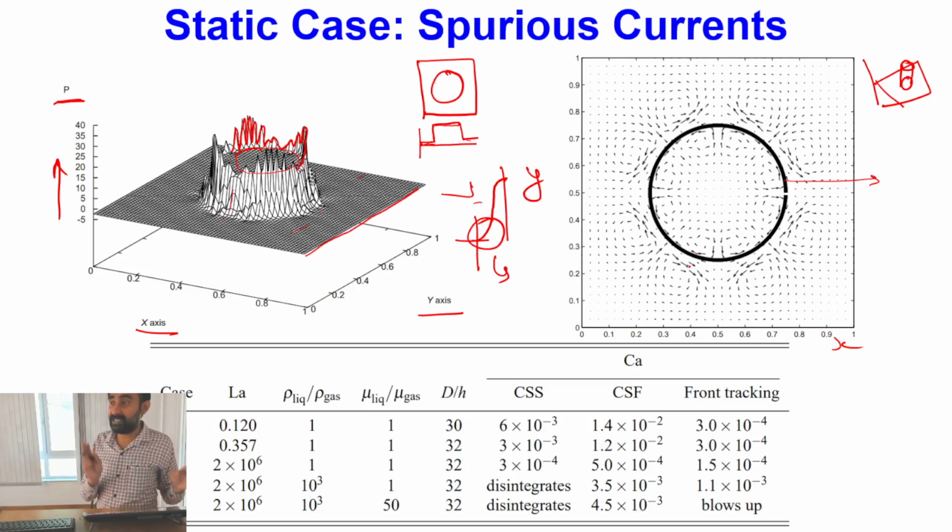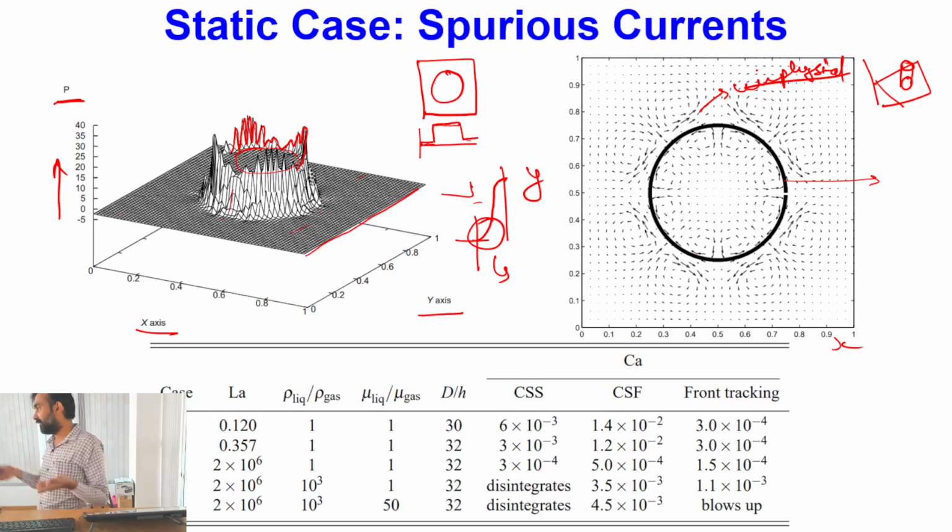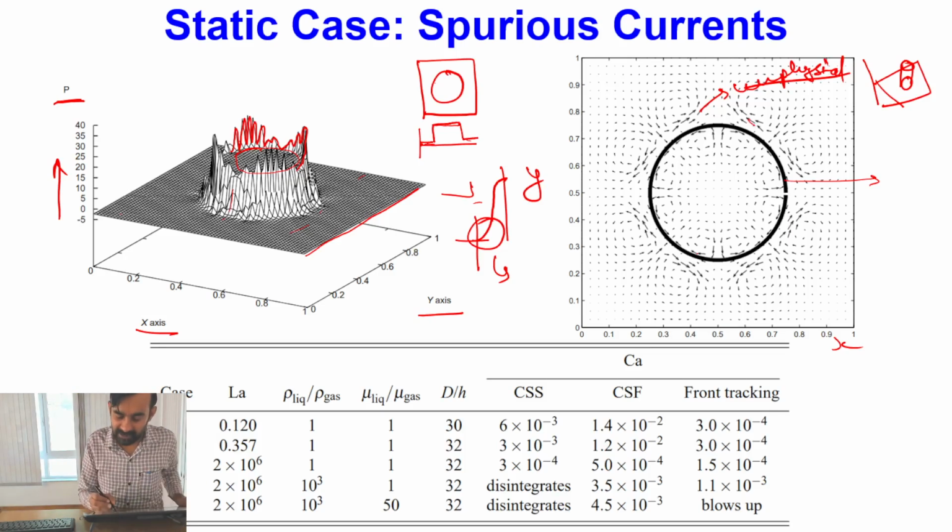And this velocity, based on the actual definition of the system which we have taken, is unphysical. Is this point clear? Because if in my mathematical formulation I assumed that it is completely stationary and I still get certain oscillations, it means all these velocity oscillations are unphysical. Are all clear with this point? So these unphysical velocities are typically called spurious currents.